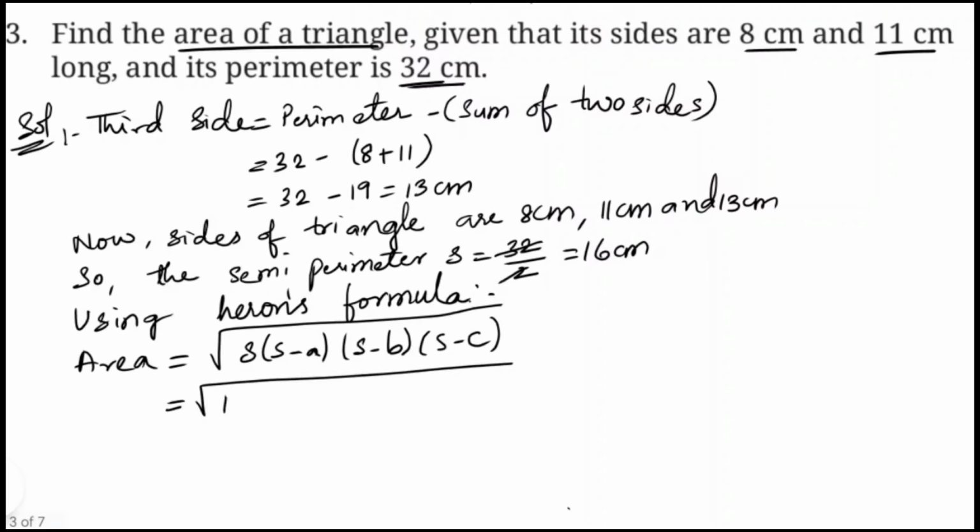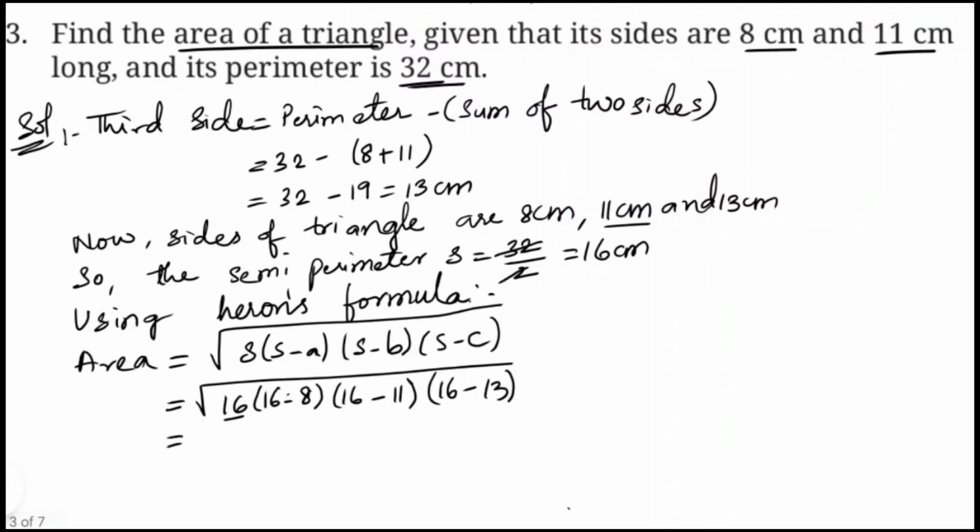So let us write down, that is 16 into 16 minus A is 8. S 16 minus B is 11, which is the second side. S 16 minus 13. So what do we get?